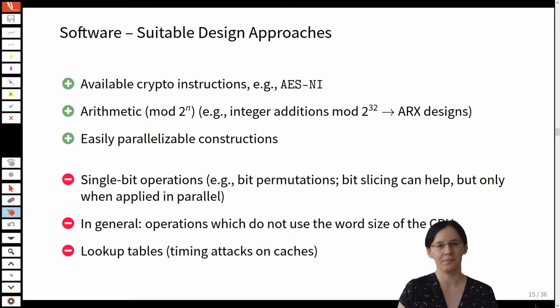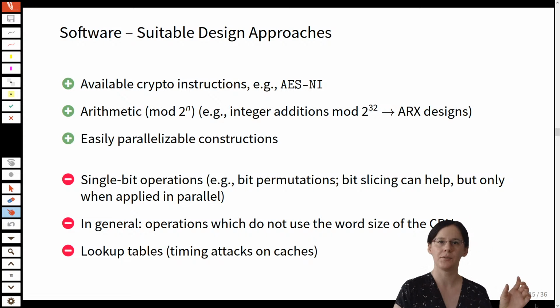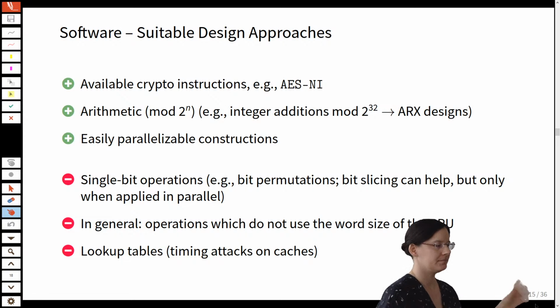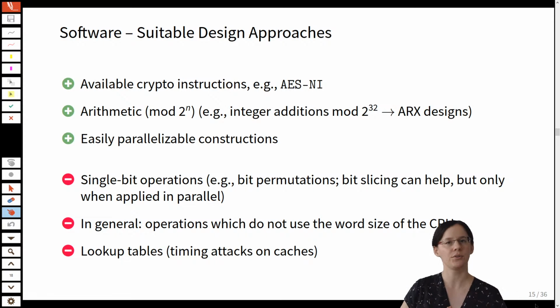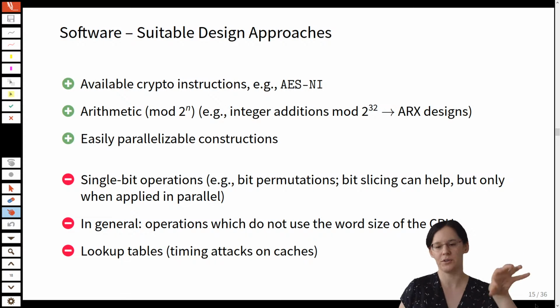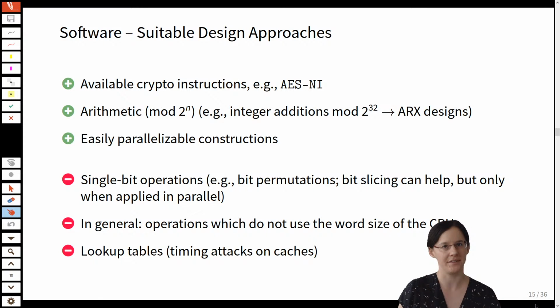This parallelizability is important both inside the primitive, so for example, being able to do many S-boxes in parallel is nice, but also on the mode level. So for example, in counter mode, where you also need to do many AES computations, they don't depend on each other, so you can just start doing them all at the same time.